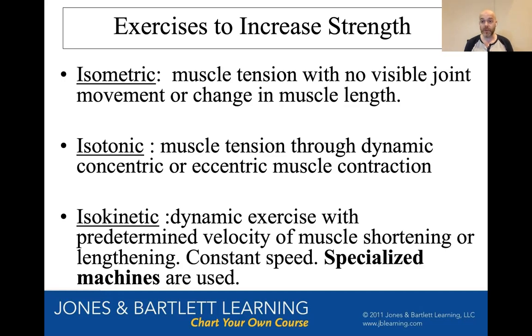A concentric contraction means that you're lifting something and the muscle is shortening. So think of lifting against gravity. So if I'm doing a bicep curl and I'm holding my iPhone in my arm, well, this is a concentric contraction of my biceps because I'm having to lift my phone against gravity.